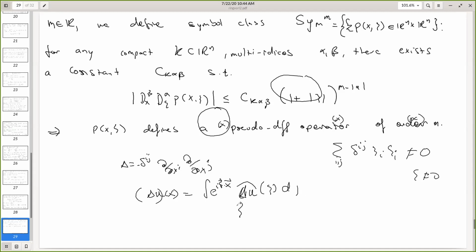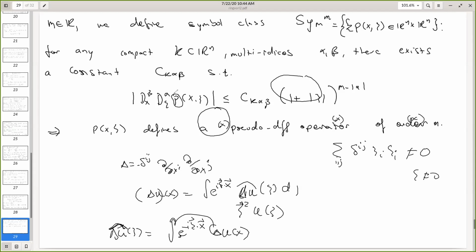This will give me xi squared u hat of xi. Why? Because u hat of xi is the integral of e to the minus i xi x, u of x. If I apply the Laplacian here, I can do a partial integration, assuming that u decays fast enough. I apply it on the e, and this gives me xi squared.